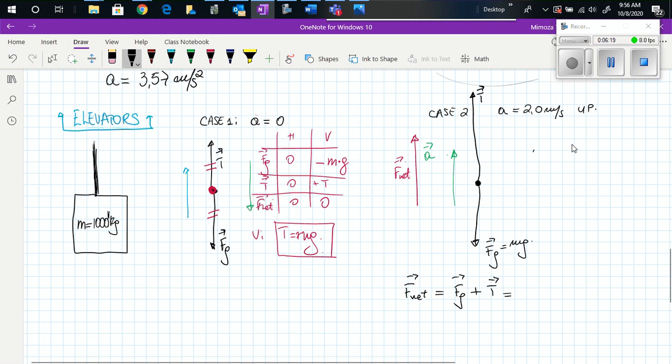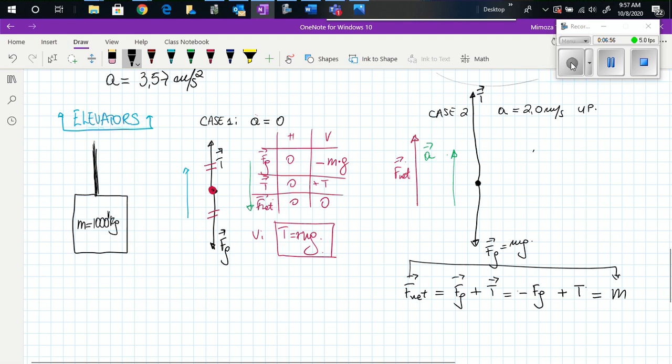Since we are dealing with collinear vectors, vectors that are in the same line, maybe in the same direction or opposite direction, then we can say that force net is equal to negative Fg plus T, negative because it is going down. Is it clear? Good.